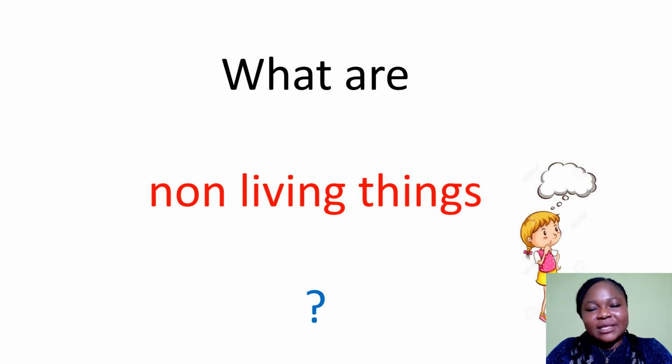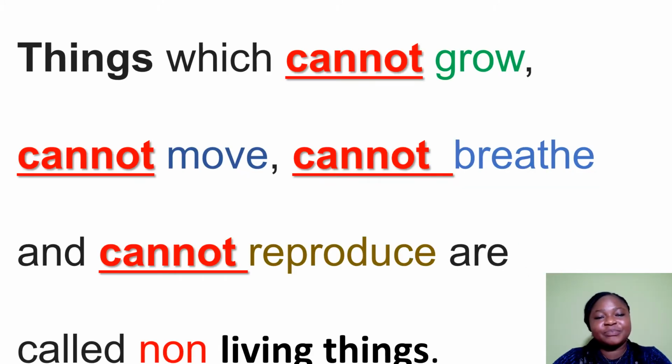What are non-living things? We said living things are things that do what? They can move, they grow, breathe, and do what? They reproduce. So when we say non-living things, what are they? Do you have anything in mind? Good.